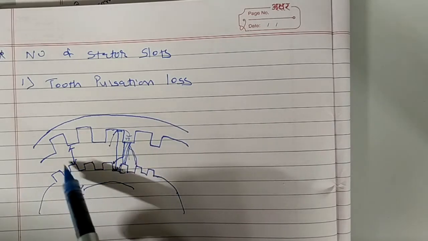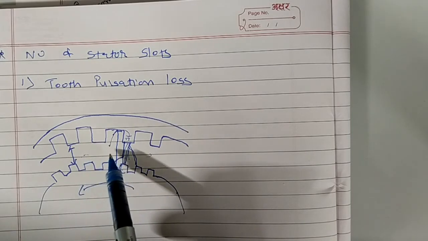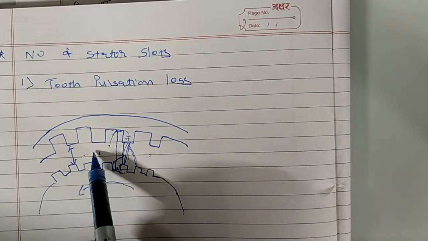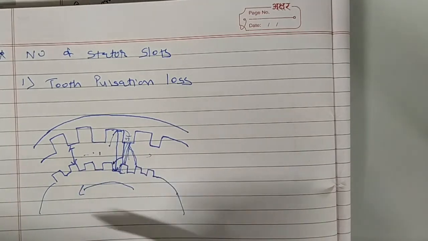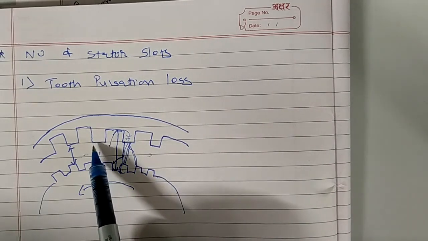So what happens is that inside this air gap, the value of flux or flux density at a particular point will not remain constant. It is going to be variable in nature. So this flux pulsates.